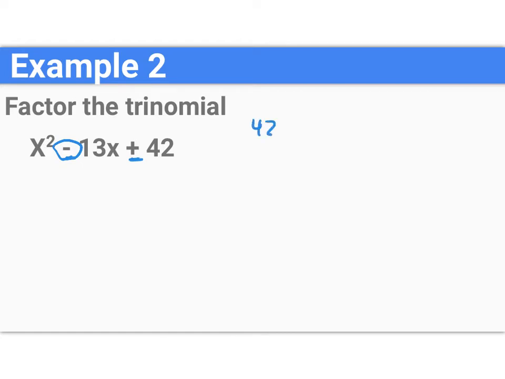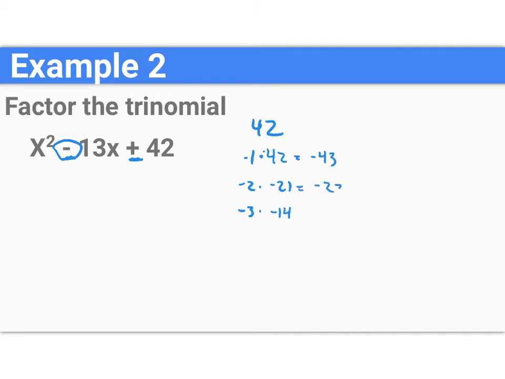So what are the factors of 42? Obviously 1 times 42. And we know they're both going to be negative. Negative 2 times 21. That adds to negative 23. 3 times 14. So this is negative 43.